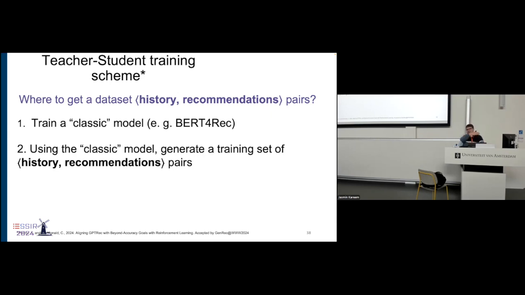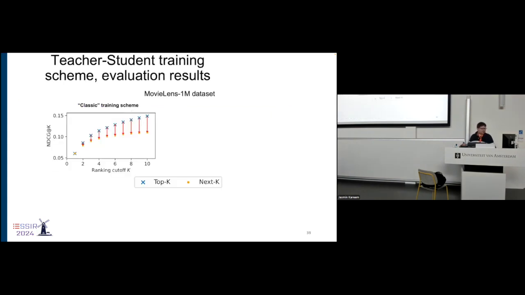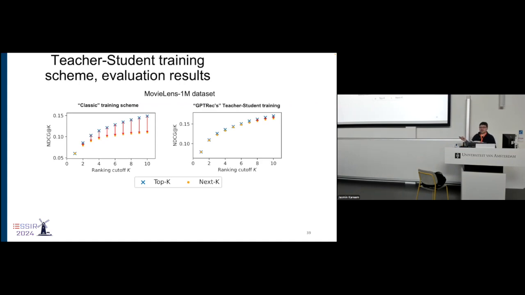So we train GPT-REC to generate the continuation of our sequences the same way as the original GPT is trained to generate continuation of texts, but we train it to mimic Petrov here. If we do that, this problem disappears. Now the model can accurately generate recommendations the same way as Petrov. So it's kind of distillation of Petrov into GPT-REC, just to help it overcome this problem.